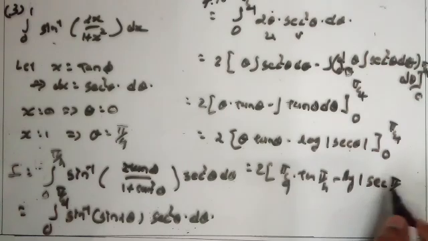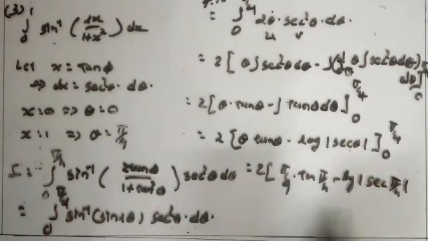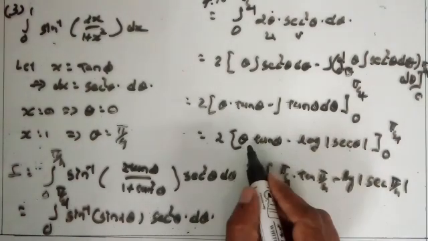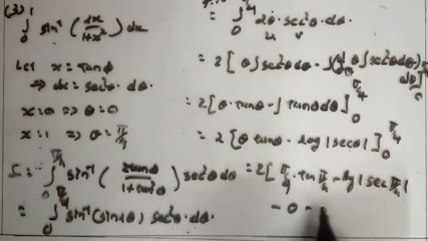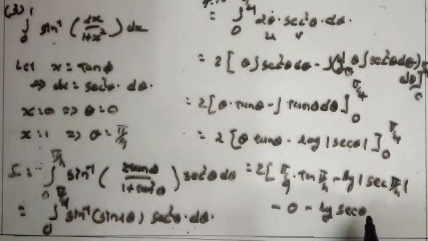Okay, minus, put theta equal to 0, so this becomes 0 minus log sec 0, and sec 0 is equal to 1, and log of 1 is also 0.